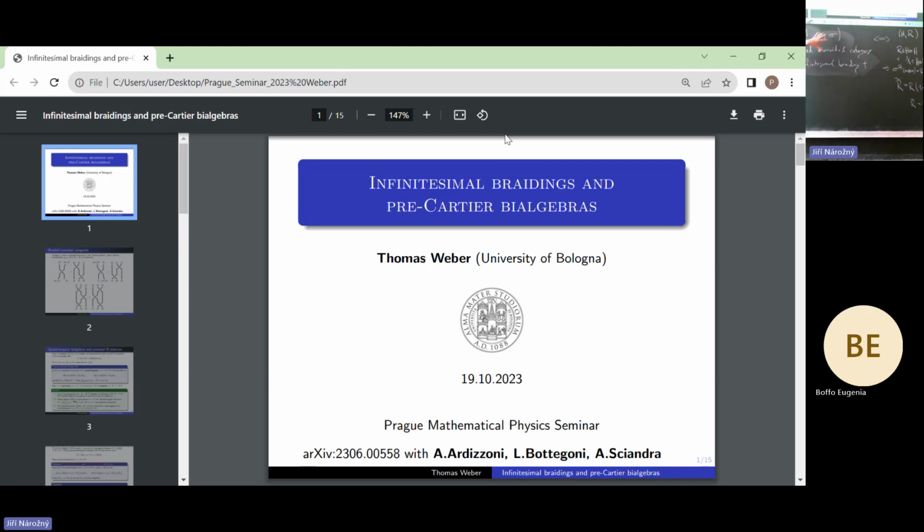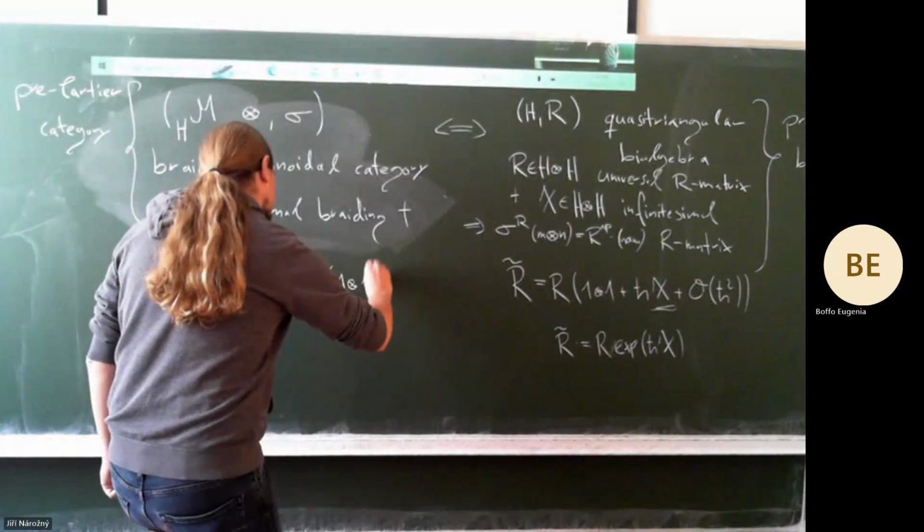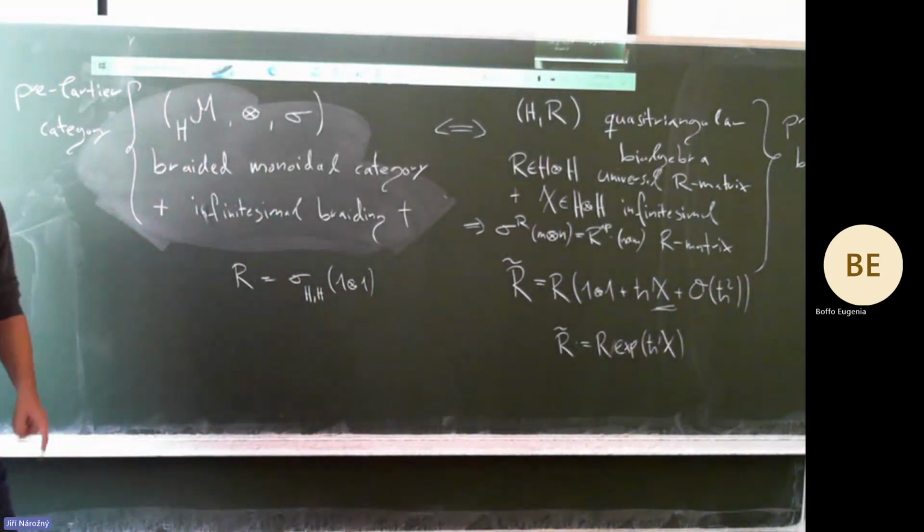And if you are here, you get your R simply as sigma of the braiding on 1 tensor 1. And you can show that this is one-to-one.